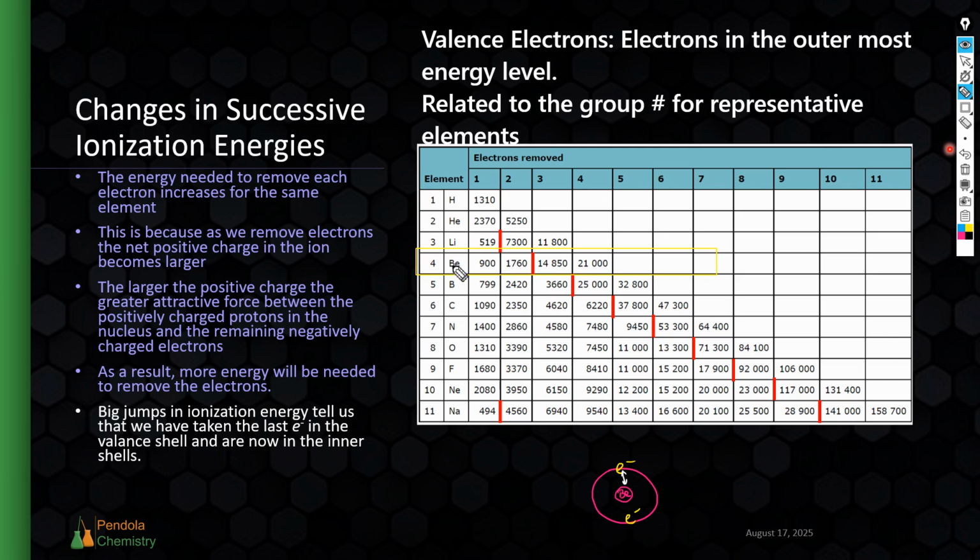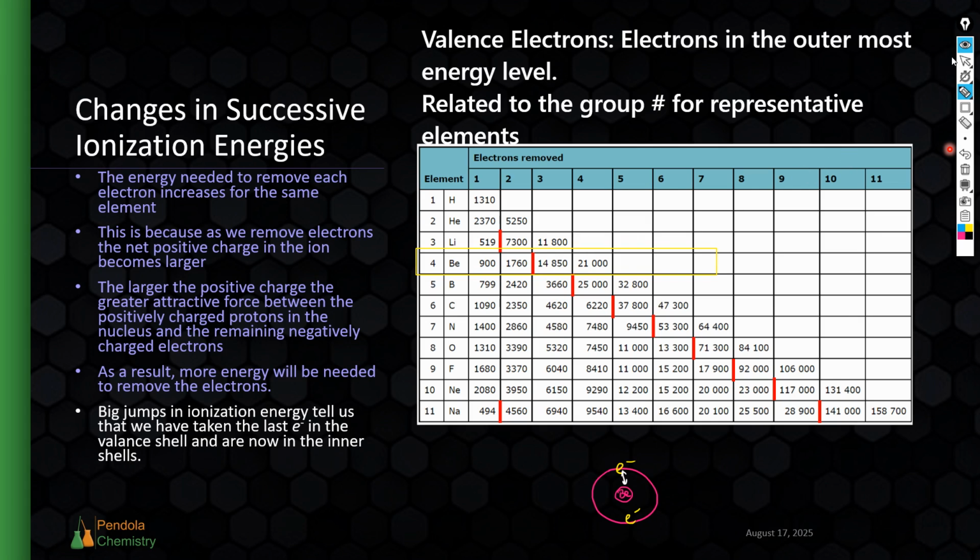So when we look at elements, if we can identify a big jump between 2 ionization energies, that jump tells us the number of valence electrons in the outer shell of that element, and therefore, if it's a representative element, its group number.